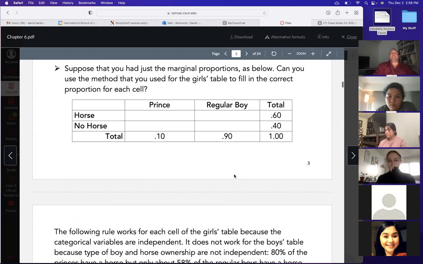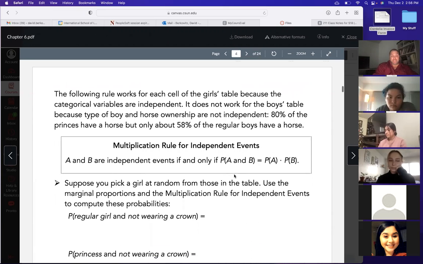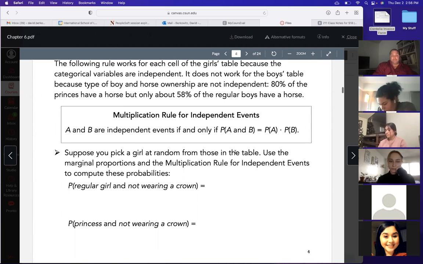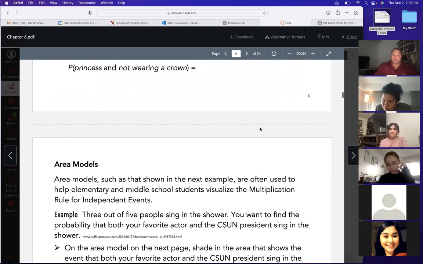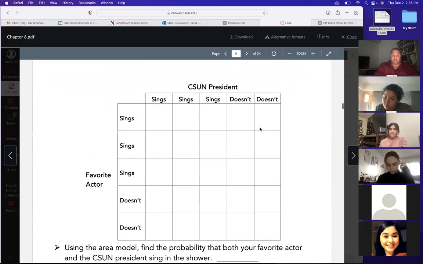That is the rule for independence. So the probability of A and B, of both of them occurring, is the probability of A, which is the column, let's say, times the probability of B, which is the row. And you do that for all four, and that gives you all of your cells. So you can determine independence by using this rule here. If you get the right number for every cell, then they are independent.